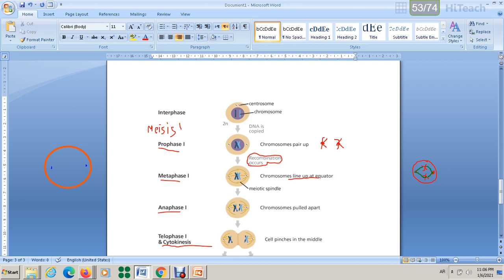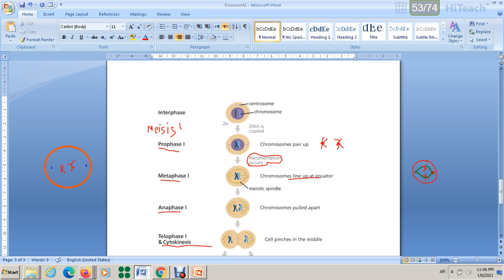And these are the chromosomes, and these are X-shaped. Imagine. This is the first one, and this is the second one. Okay? Look how they are arranged. It's not like this one. This is in meiosis 1.